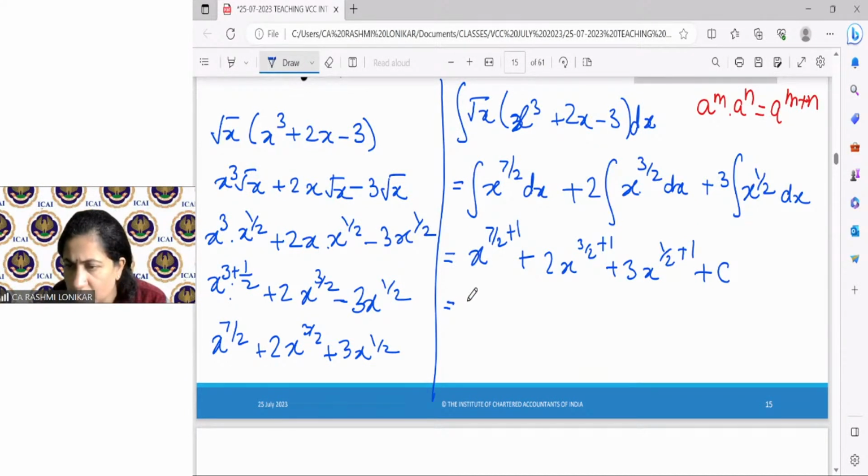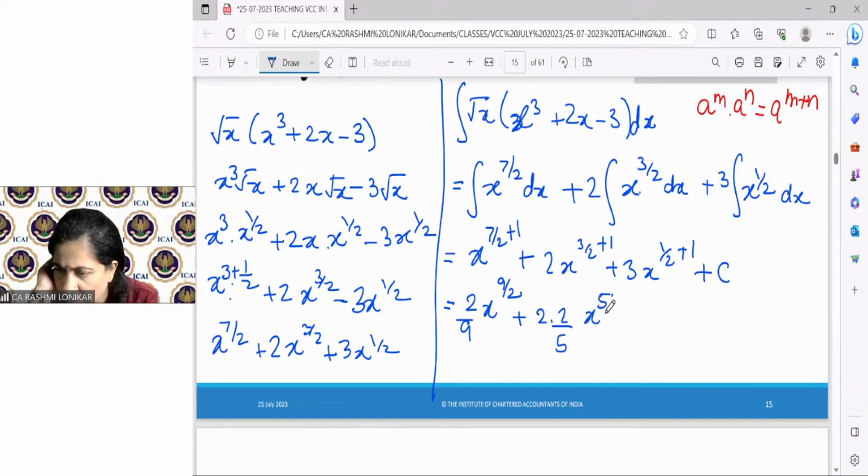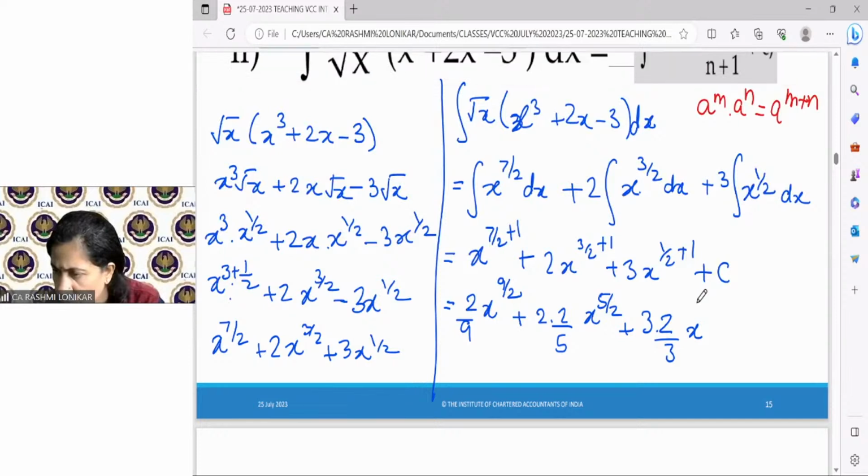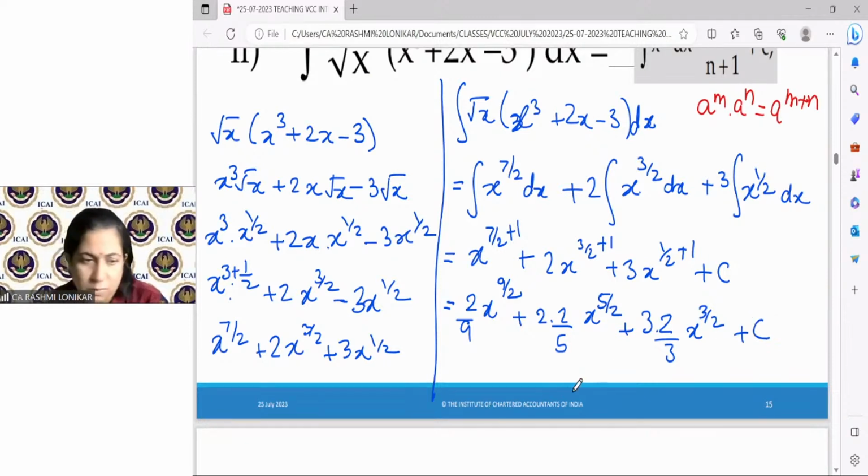So this becomes 2 by 9 x raised to 9 by 2. 7 by 2 plus 1 is 9 by 2. Okay. Plus this is 2, 5 by 2. So 2 into 2 by 5 x raised to 5 by 2 plus 3 into 2 by 3 x raised to 3 by 2 plus c.